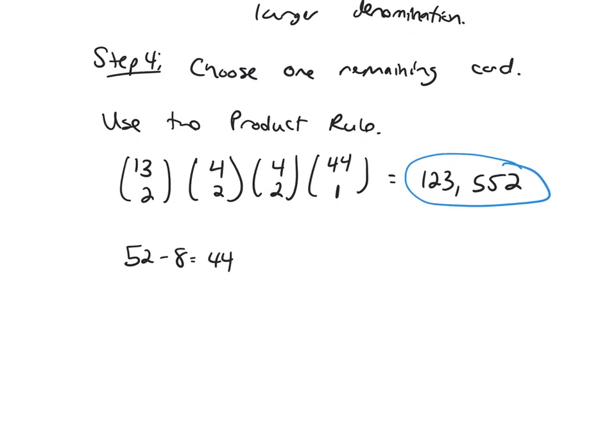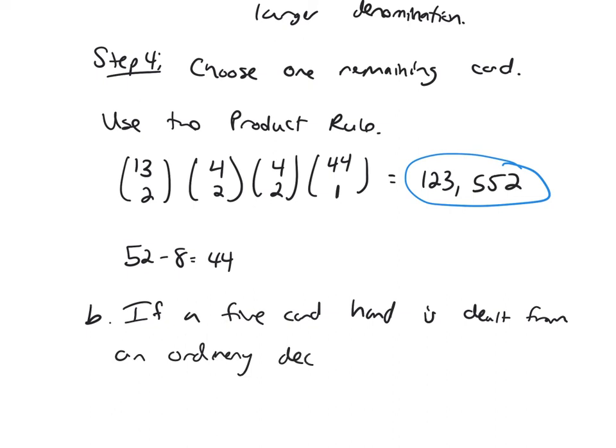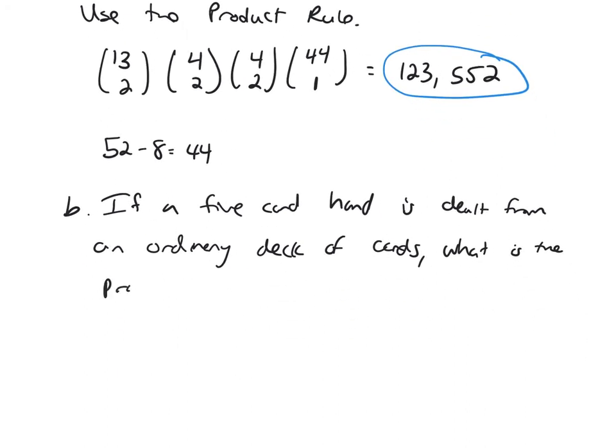And maybe if we were playing poker, we'd like to know if a 5-card hand is dealt from an ordinary deck of cards, what is the probability that the hand contains 2 pairs?